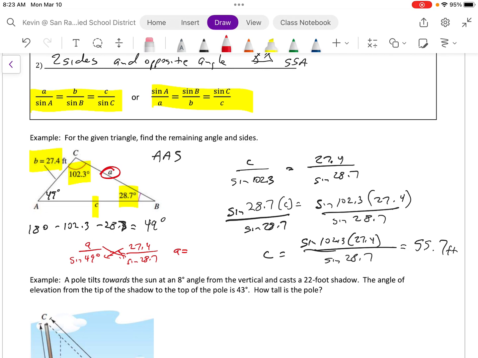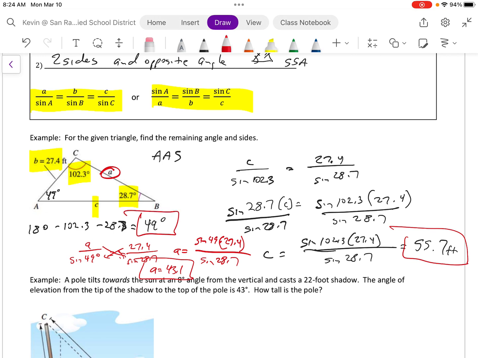And again, we do our cross multiply and then solve for A. So we go the sine of 49 degrees times 27.4, and we're going to divide that by the sine of 28.7. And A equals 43.1, rounded up.